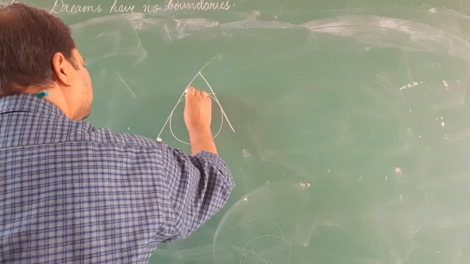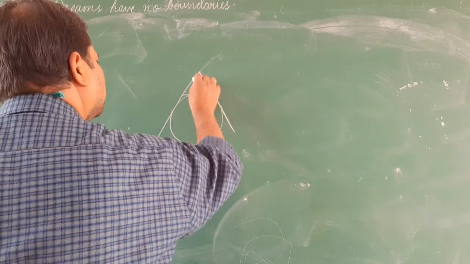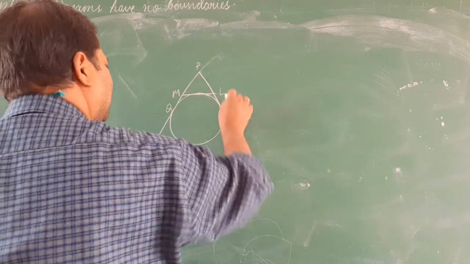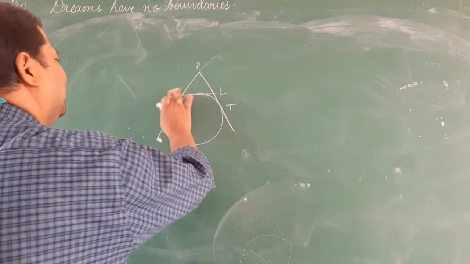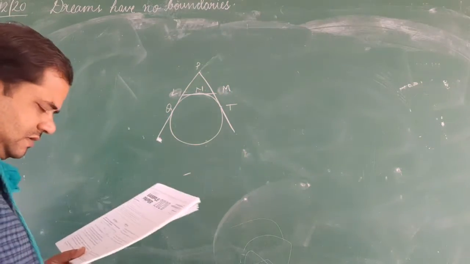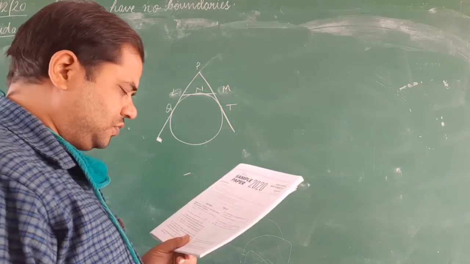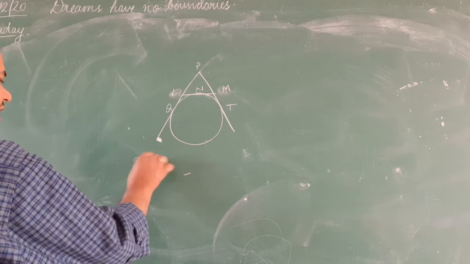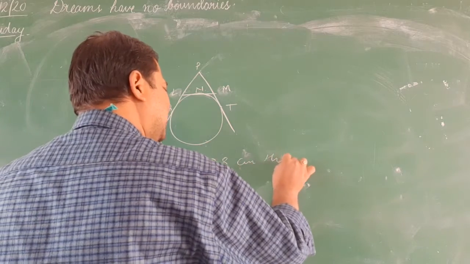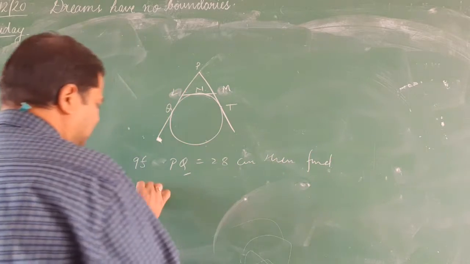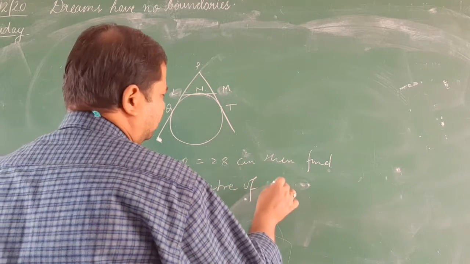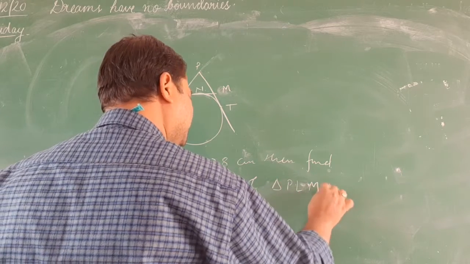PQ, TMN, LMN. Okay, so if PQ is equal to 28 centimeter, then find the perimeter of triangle PLM. What do you need to find?